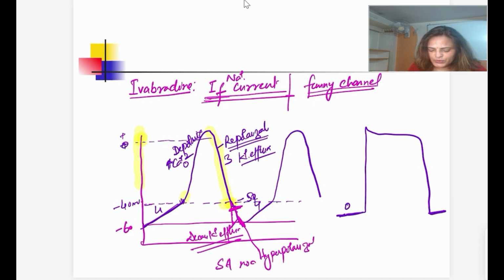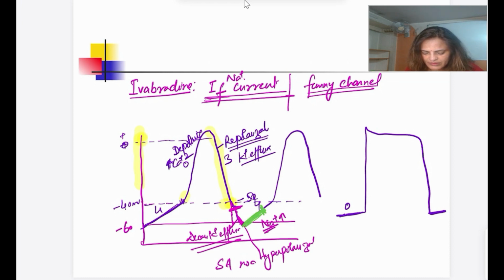Once it is going towards hyperpolarization, then what will happen? The sodium channels open at this phase. Then there is an influx of sodium ion that leads the potential of this cell till here. They are going to cause the influx of sodium ion.